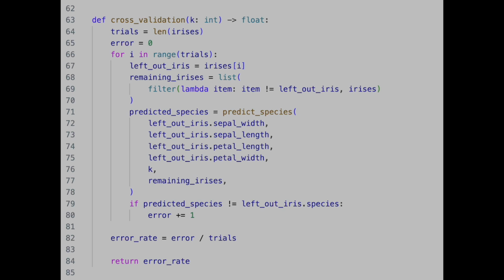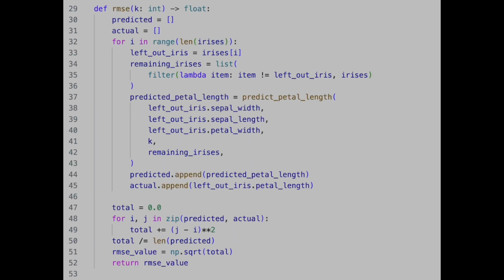By repeating this process for every flower, we can calculate an overall error rate for classification or the average error measured by RMSE for regression. This method helps ensure that our model performs well not just on the training data, but also on new and unseen data.